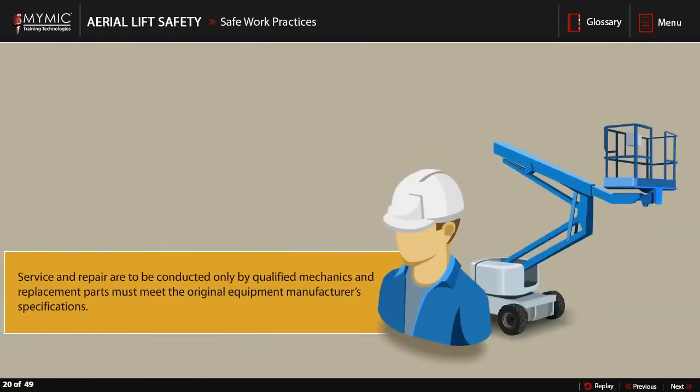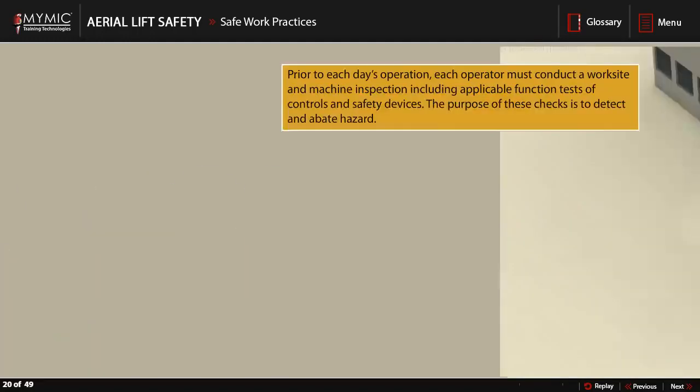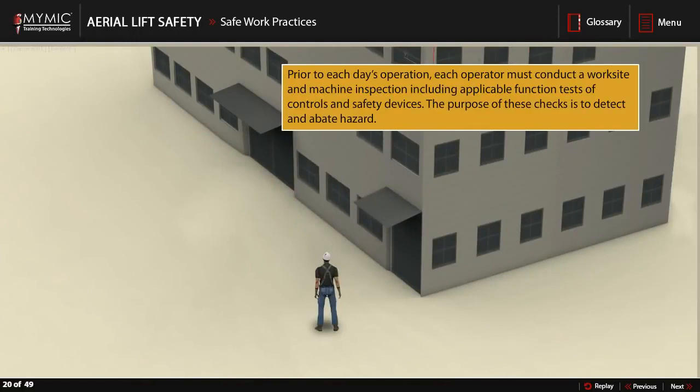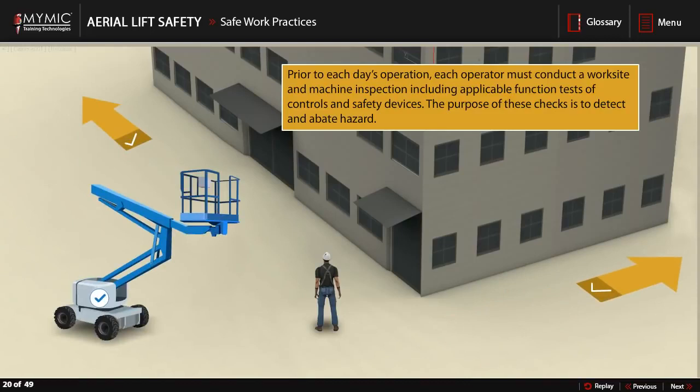Service and repair are to be conducted only by qualified mechanics, and replacement parts must meet the original equipment manufacturer's specifications. Prior to each day's operation, each operator must conduct a work site and machine inspection, including applicable function tests of controls and safety devices. The purpose of these checks is to detect and abate hazards.